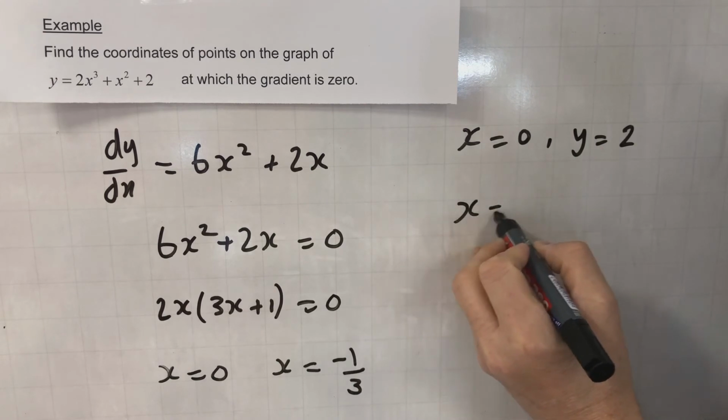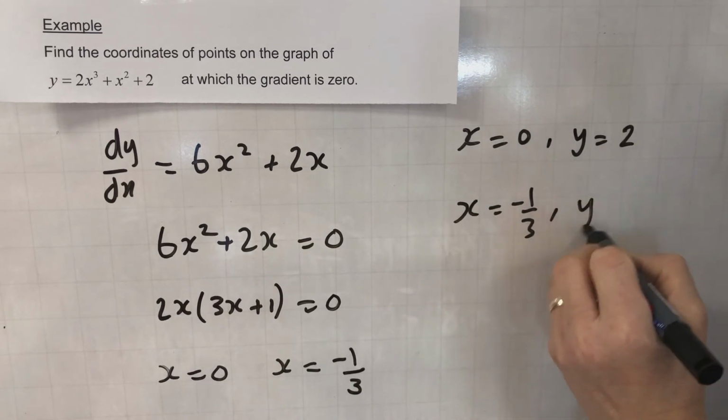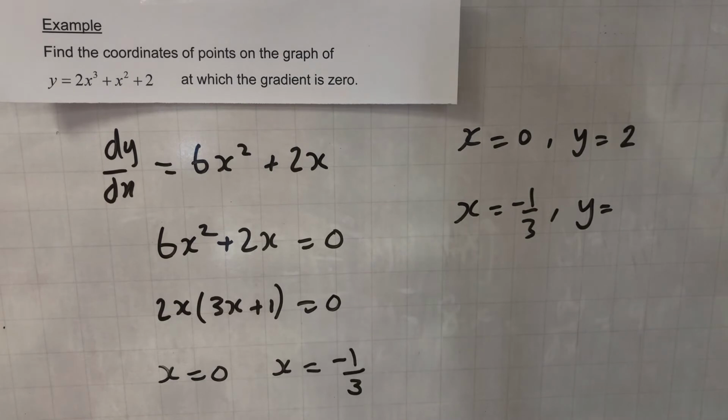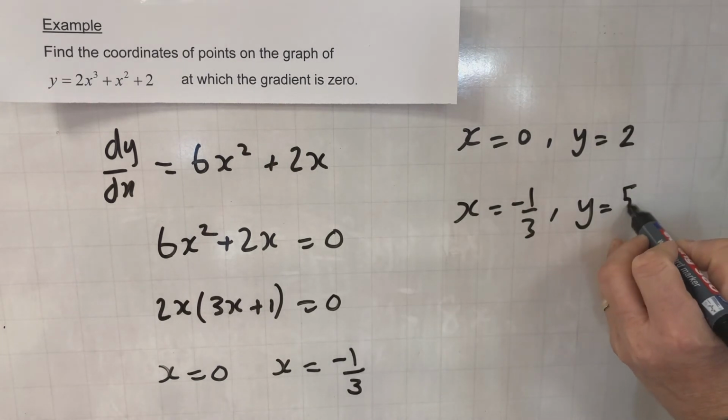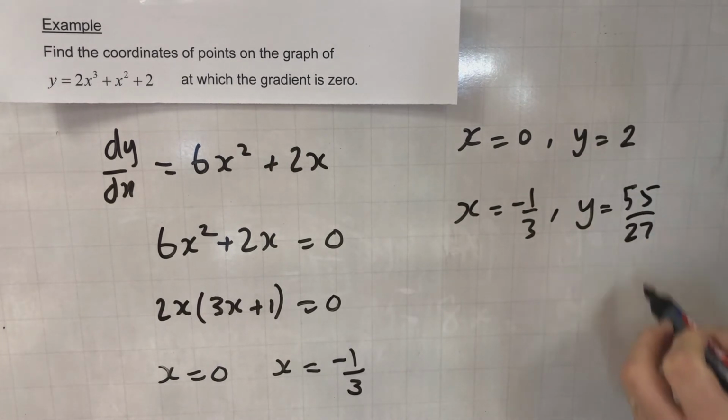And when x equals minus 1/3, the y-coordinate, if I put it into the calculator for speed, we've got 2 lots of minus 1/3 cubed plus minus 1/3 squared plus 2 equals, and out comes 55 over 27.